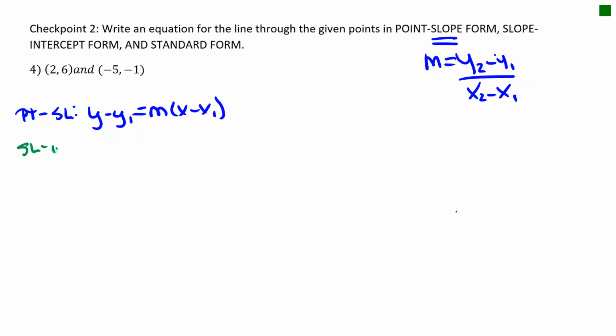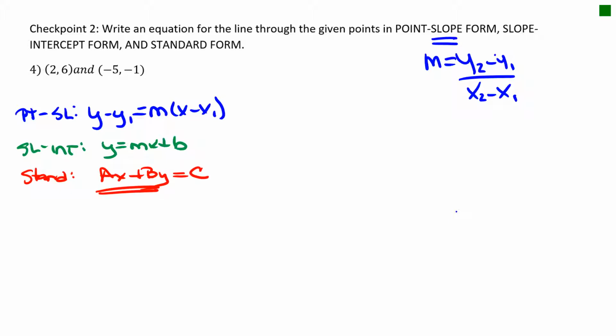Slope-intercept, get the y alone: y equals mx plus b. And our new friend, standard form: the ax and the by are all on the same side, equals c. Remember, no fractions, and ax must be positive. That sure says AS, doesn't it? That's supposed to say AX, silly willy willy.